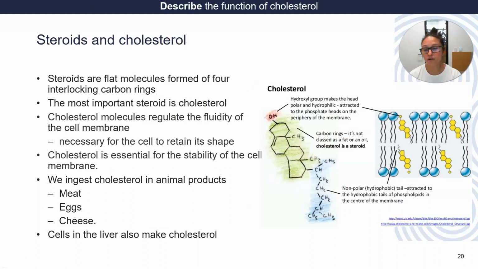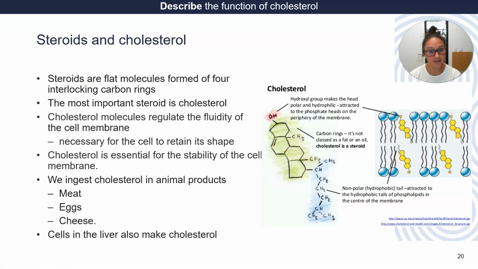Okay, so we saw two types of lipids. Now this is our third type. This is going to be steroids. Cholesterol is a type of steroid.